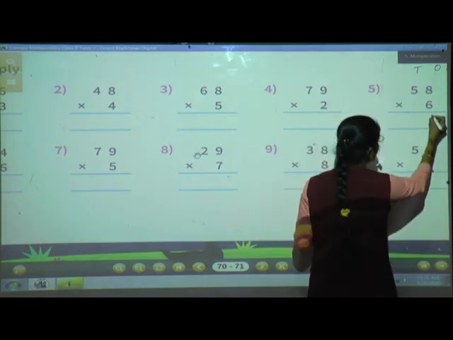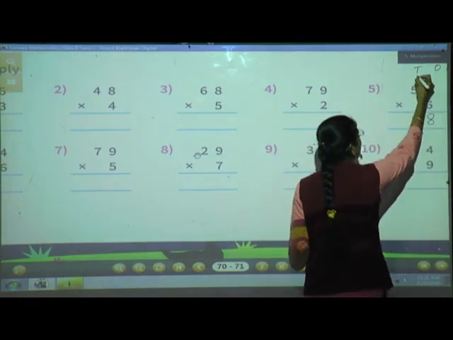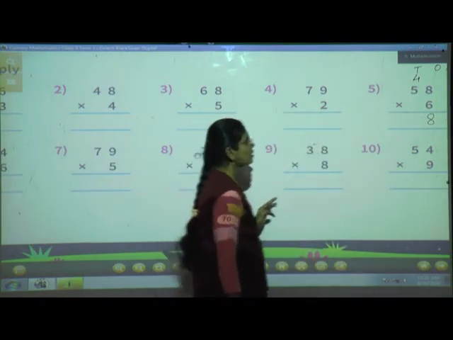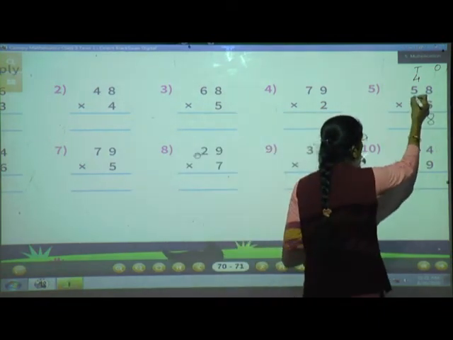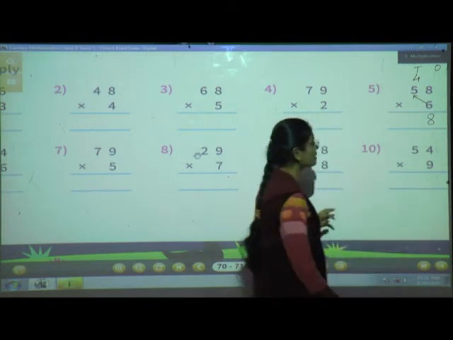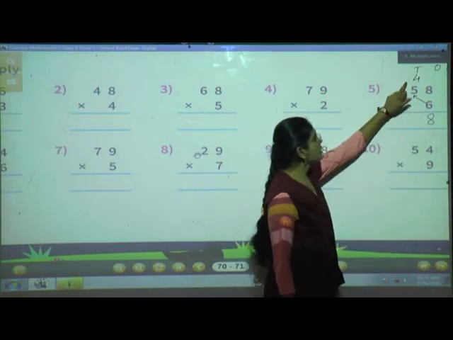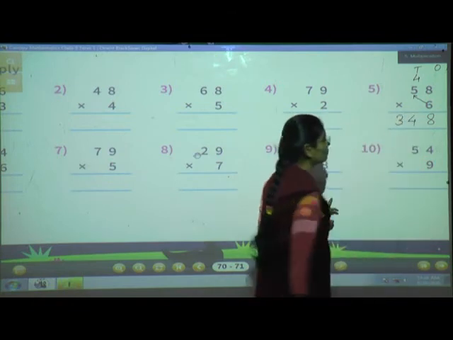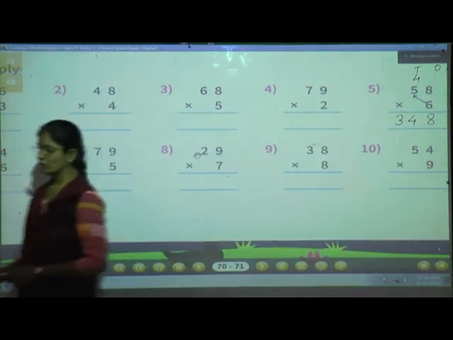So at ones place we will write 8 and we will give 4 as a carry to the tens place. Then do this 6 into 5 tens. 6 5s are 30. 30 plus 4, 34. So write here 34. Okay, understood?